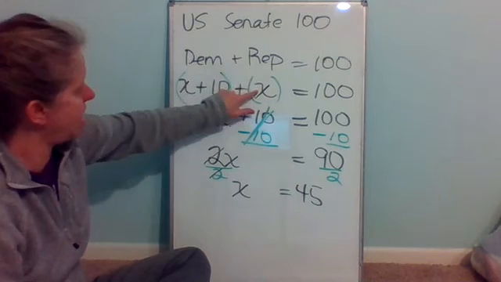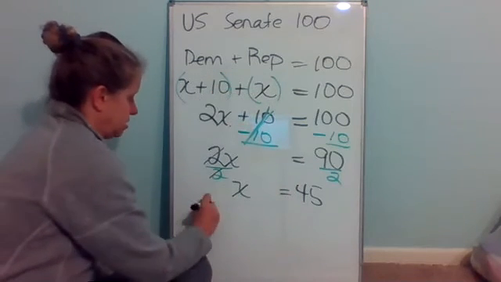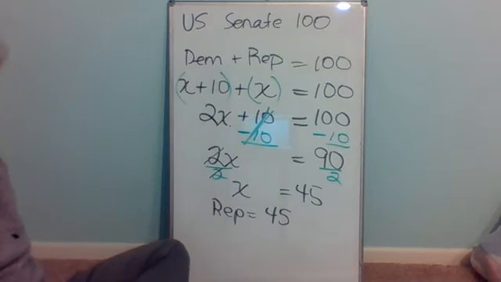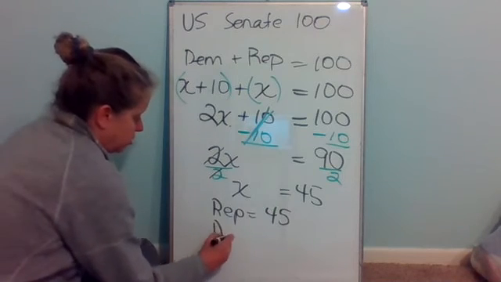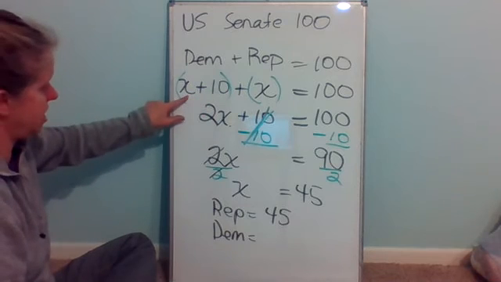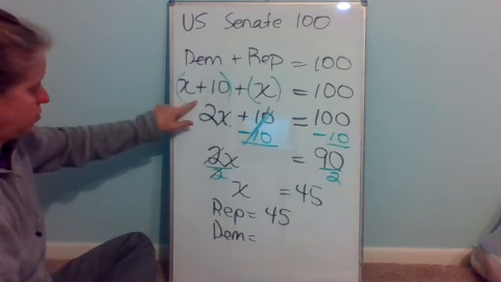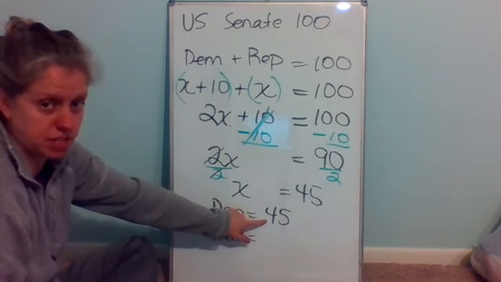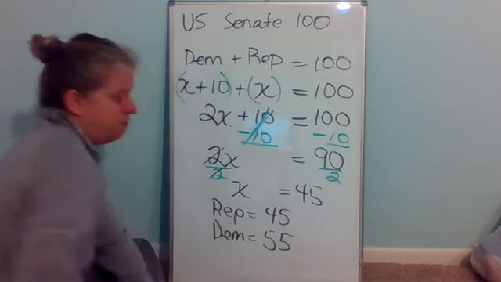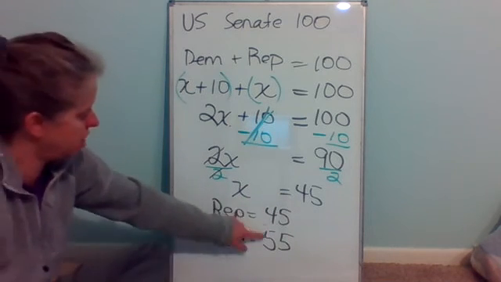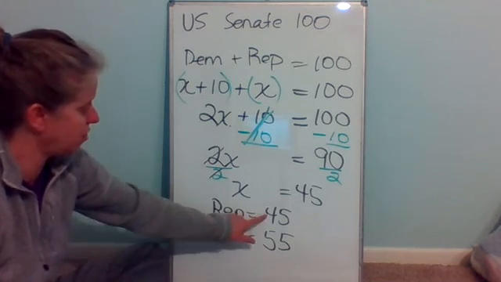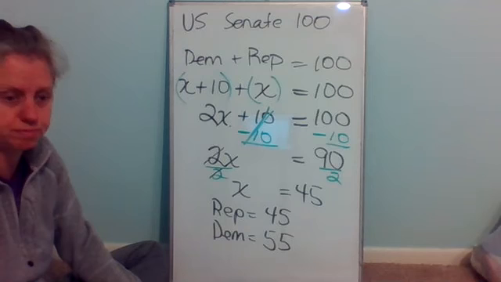So now I know that x, which is your Republicans, is 45, which means your Democrats, which are x plus 10, which means this number plus 10, would just give you 55. So again, those numbers add to 100, and the Democrats have 10 more than the Republicans.